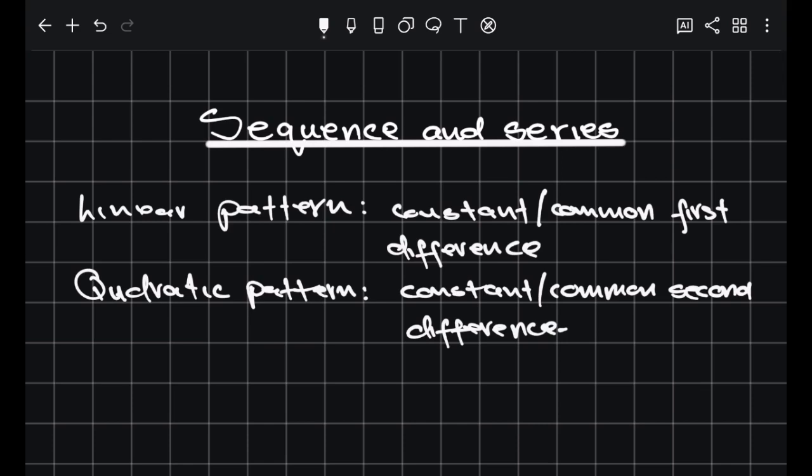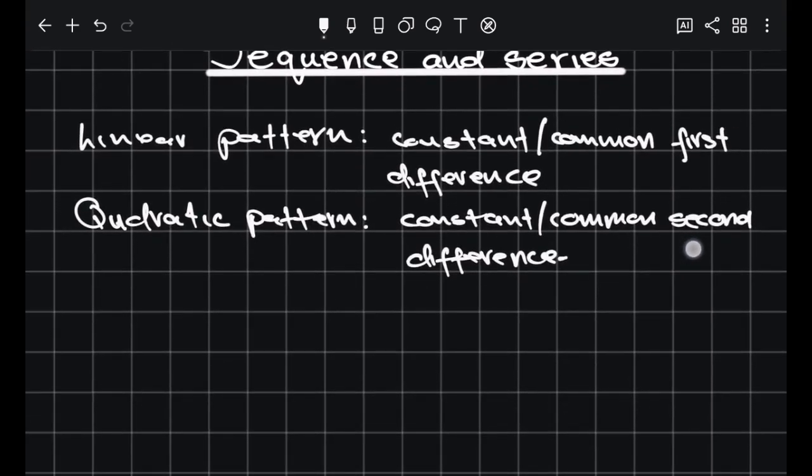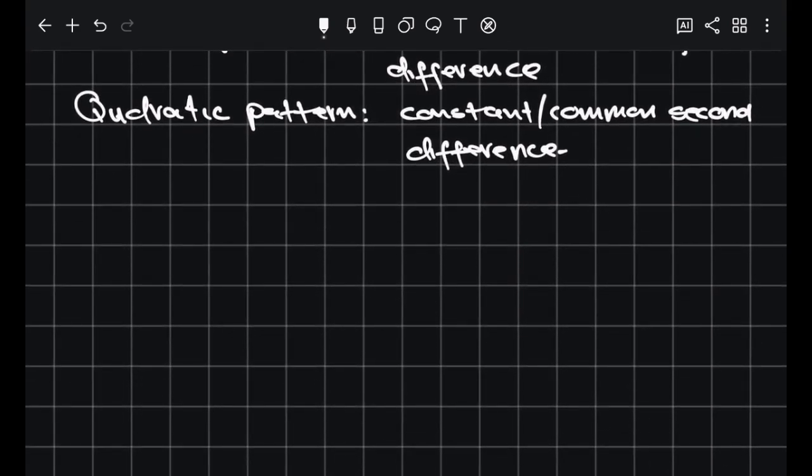So now let's look deeper into the quadratic pattern and try to explain what it really means for it to have a constant second difference. Let's use an example to do that.